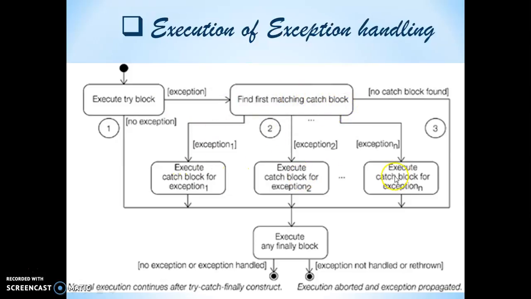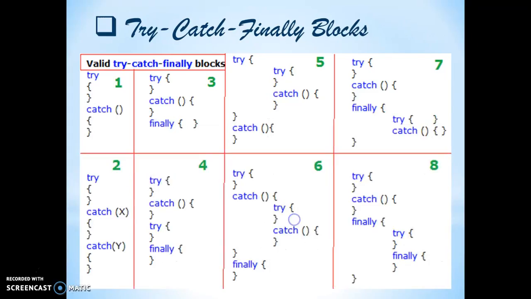Any other blocks are skipped, then execute your finally block and your program runs successfully. Otherwise, if no catch block is found, execute your finally block and your program runs successfully. If no exception is generated, the program executes the finally block and continues.